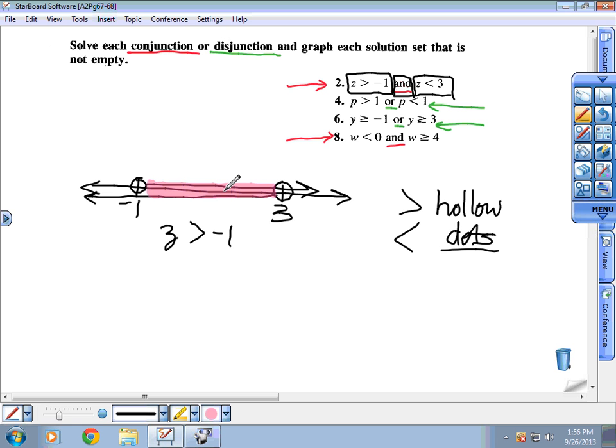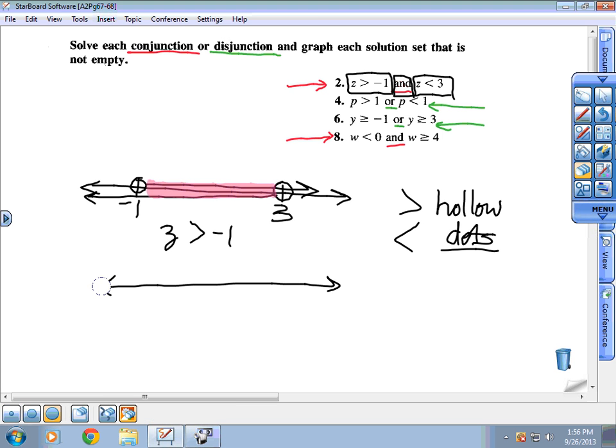Now if we skip down and do a disjunction, like number 4, we have our number line. We're going to put our endpoints on there, and we're dealing with 1 and 1, so we only need 1 point here, and that's +1.